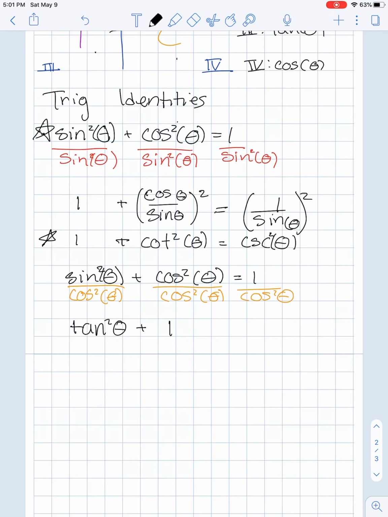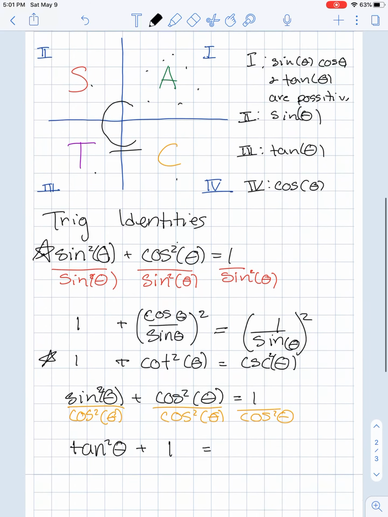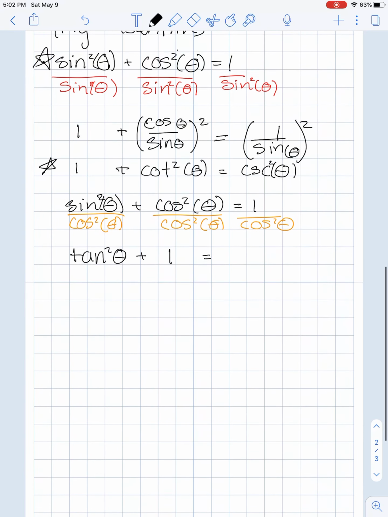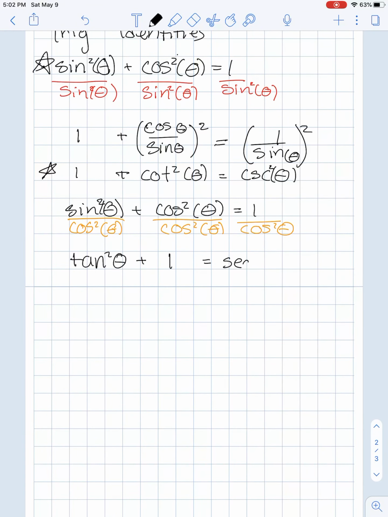So cosine squared divided by cosine squared is just 1, equal to, what's 1 over cosine? Look back at our notes. It's secant. So that's going to give me secant squared theta. This is also a little bit of foreshadowing. Sine and cosine like to hang out a lot. Cotangent and cosecant are really good friends, and tangent and secant are also pretty good friends. They have a lot of relationships to each other when we talk about derivatives in a few chapters.